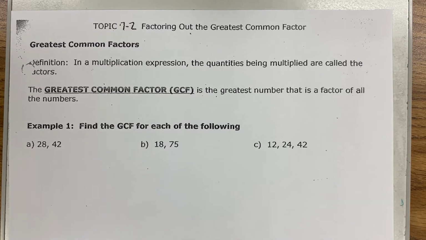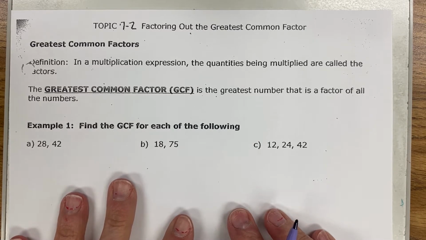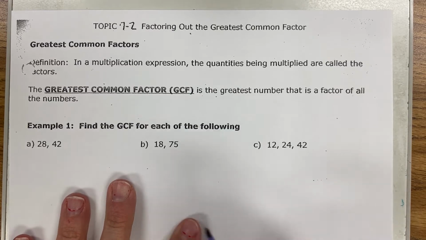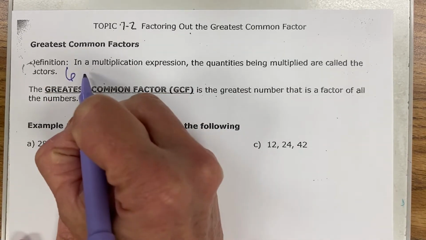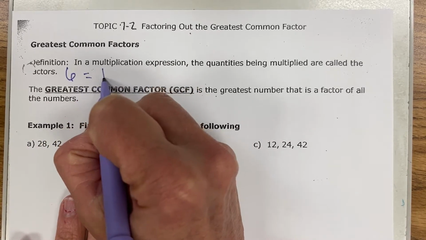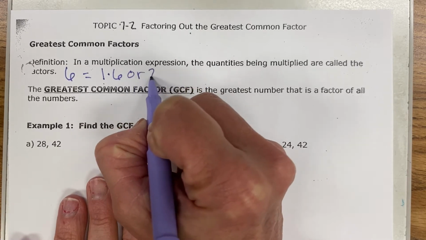So factoring, we have to deal with factors, and factors are two numbers that we multiply together to get a product. So definition, in a multiplication expression, the quantities being multiplied are called the factors. If I had 6, the factors of 6 are 1 times 6, or 2 times 3.